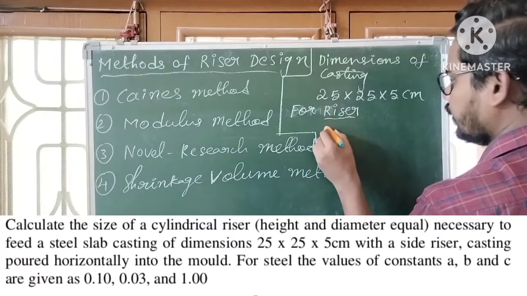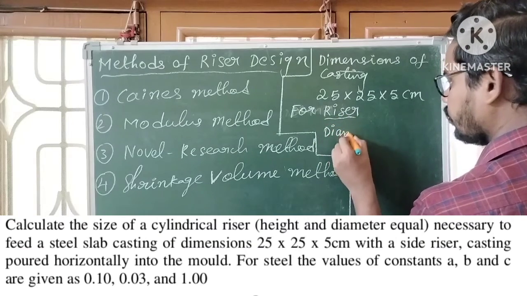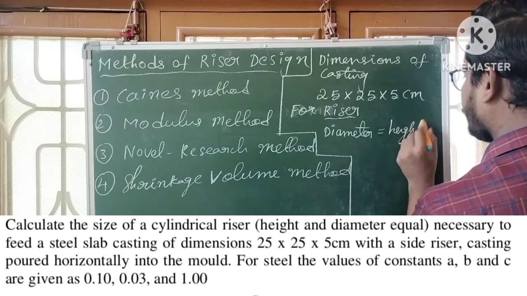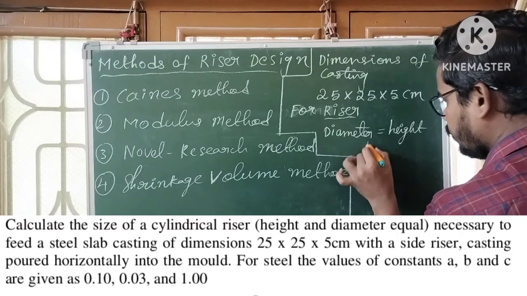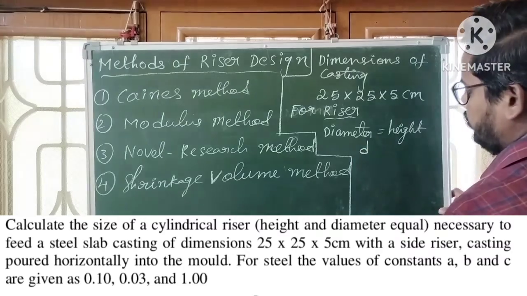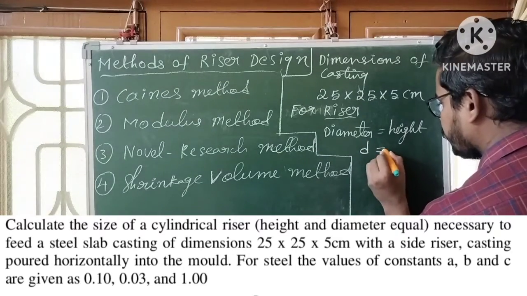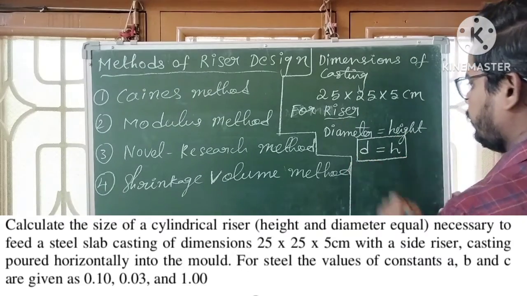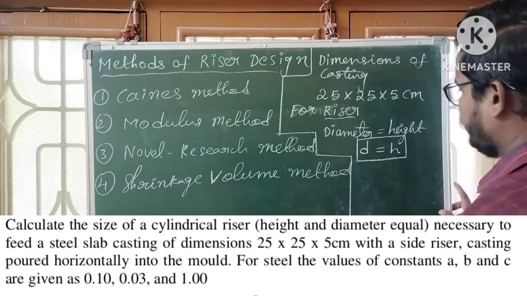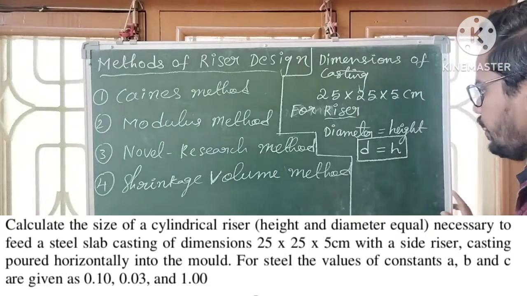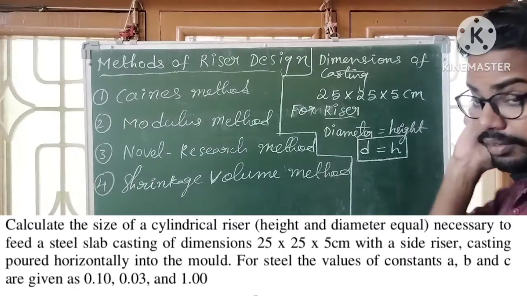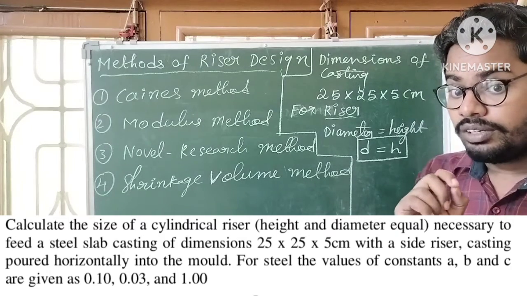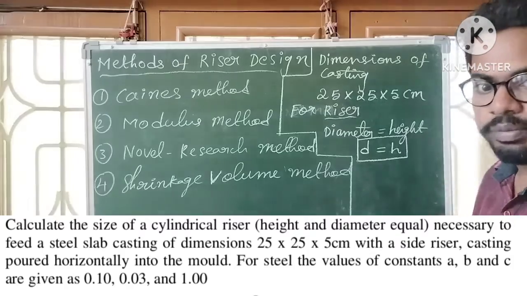For a cylindrical riser, diameter is equal to height. So D is equal to H. Diameter of the riser is equal to height of the cylindrical riser. And at the same time, very important information: he has given some constants A, B, C.